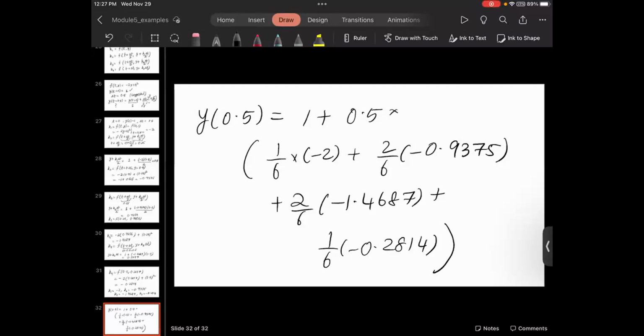If I do all these calculations, I get 0.4089. Now I want both of you also to confirm this for me. Yeah, I got 0.4089.